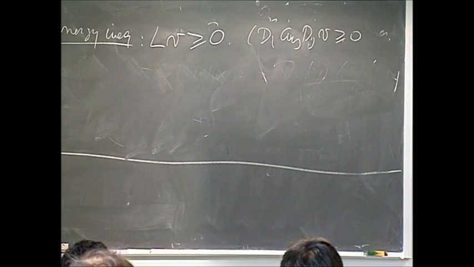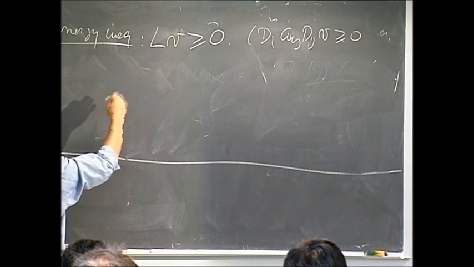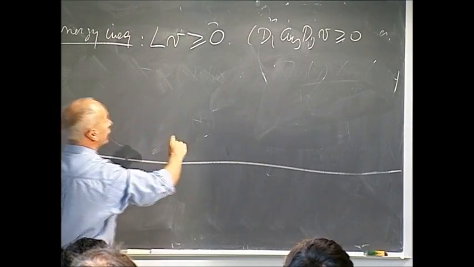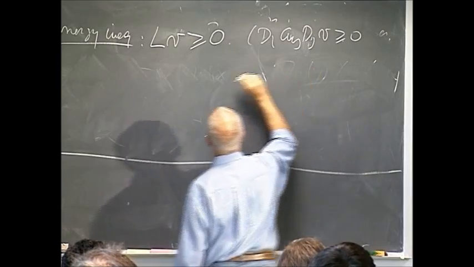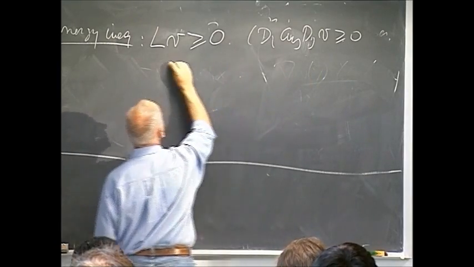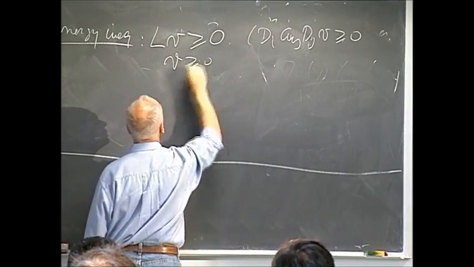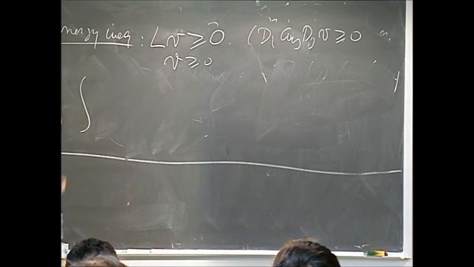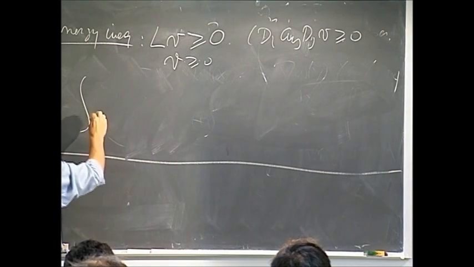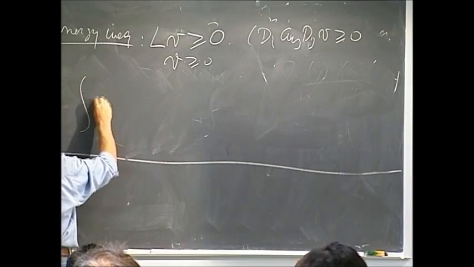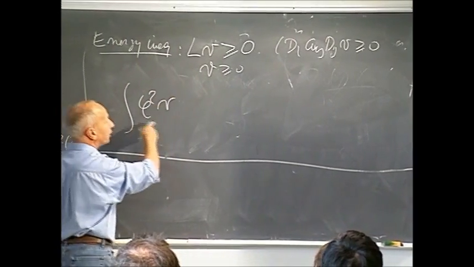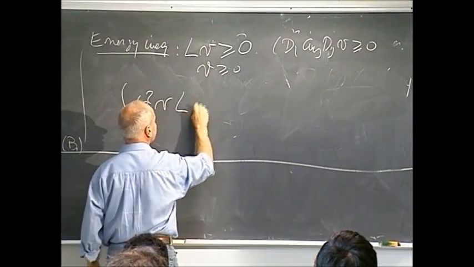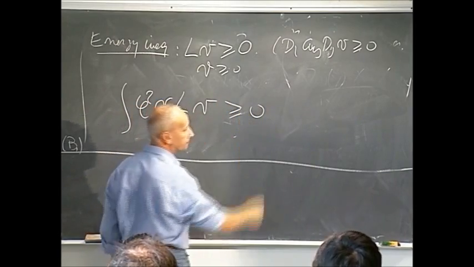Then you multiply it by phi squared times V, let's say a non-negative solution. I mean, it's general, but we'll work with non-negative solutions. So you multiply it by phi squared V, and this is positive, and this is positive, so this is bigger or equal than 0.